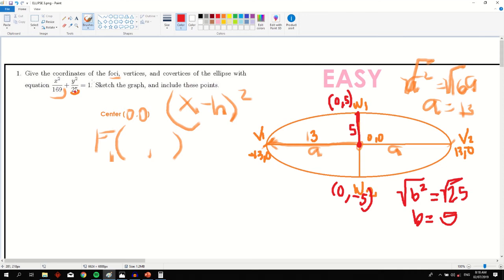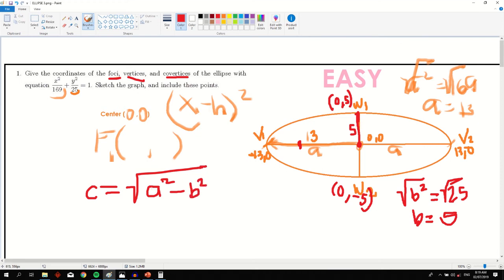Okay, so we now have the vertices. Now the foci. How do we get the foci? The foci are here, right? So we do c squared. c is equal to the square root of a squared minus b squared.